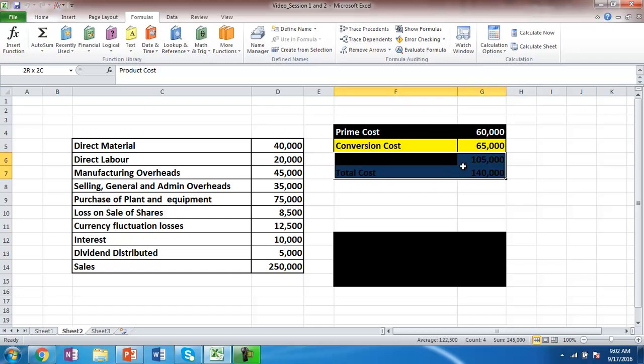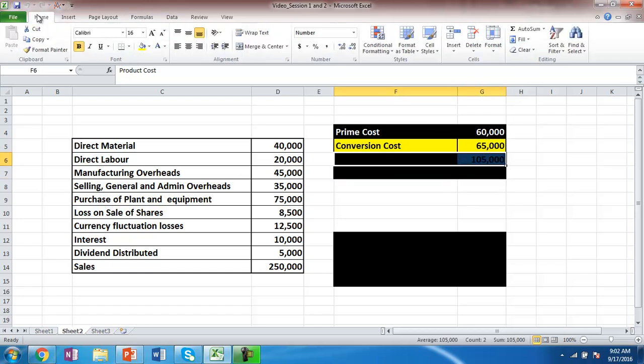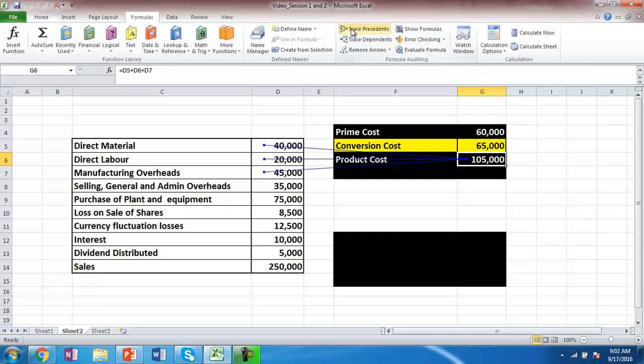We'll see the total cost. The total cost, or we call it the product cost, is the summation of the direct material, direct labor, and the manufacturing overheads.